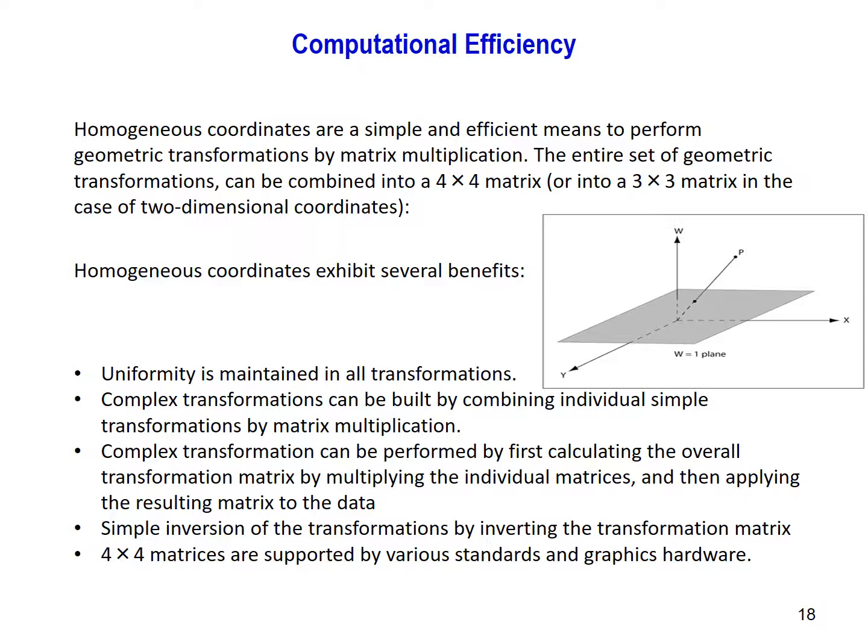Complex transformations can be built by combining individual simple transformations by matrix multiplication. Complex transformations can be performed by first calculating the overall transformation matrix by multiplying the individual matrices and then applying the resulting matrix to the data. Transformations can be inverted simply by inverting the transformation matrix. 4x4 matrices are supported by various standards and graphics hardware.